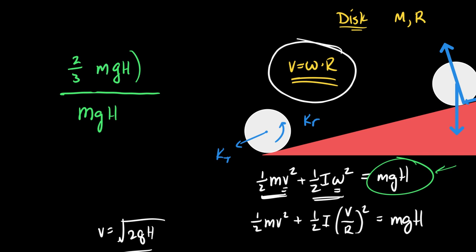The mgh clearly cancels. And my answer is 2/3, or 67%. So when the disk rolled to the bottom, 67% of the energy was translational, which means obviously 33% had to be rotational.